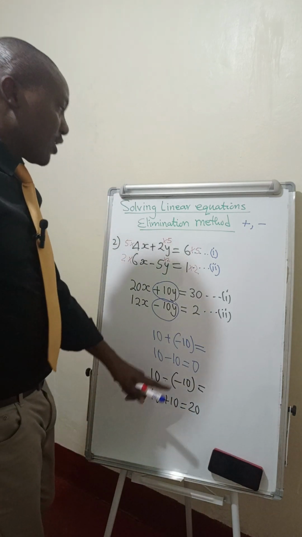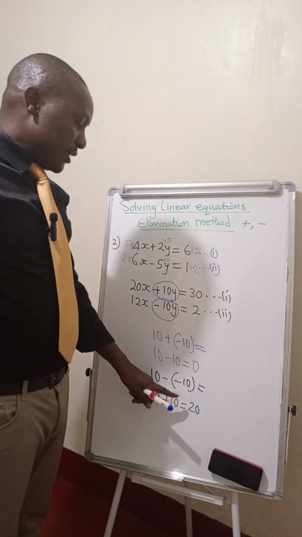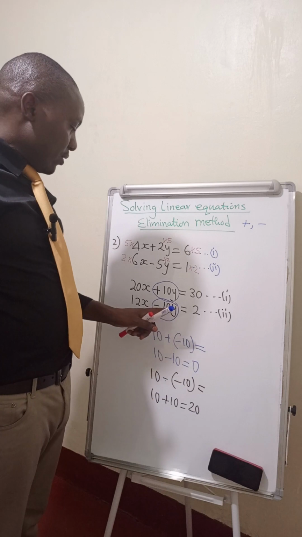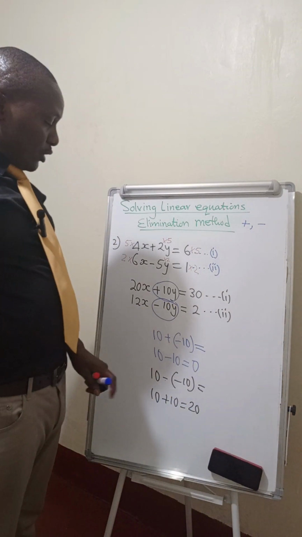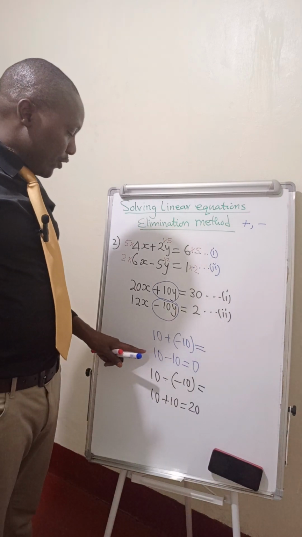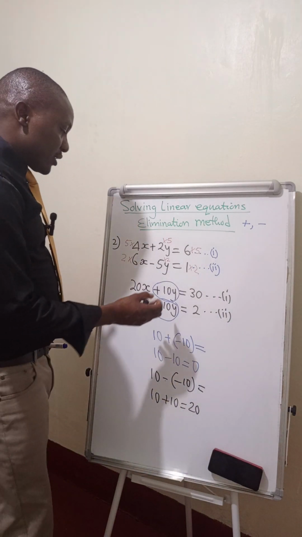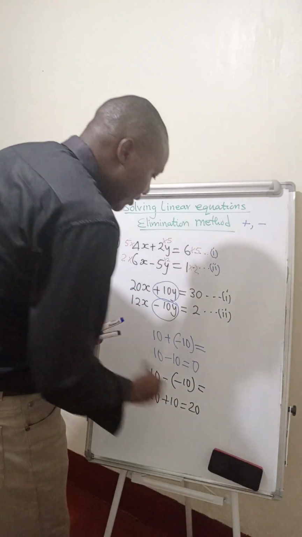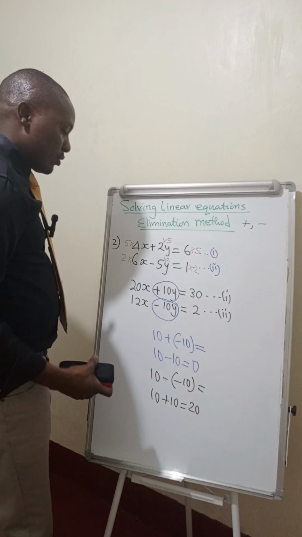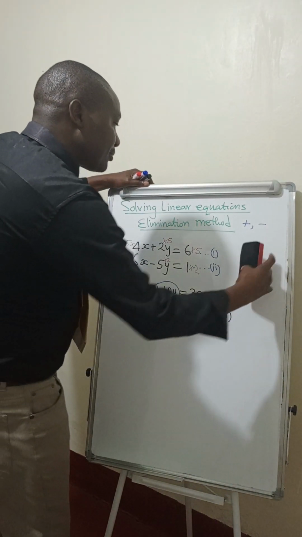If we do subtraction, shall we have eliminated the y? No. We are going to get 20. So please go for the one which gives you 0. So meaning in this case here, we are going to add. For us to eliminate y, we are going to add.